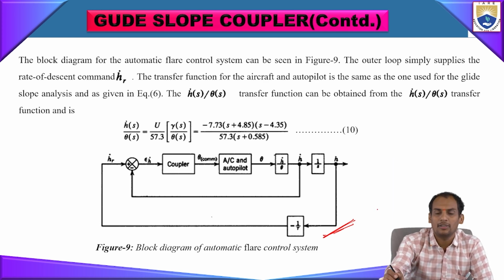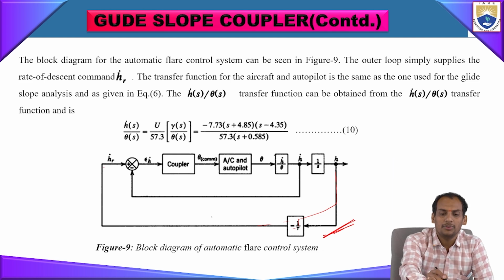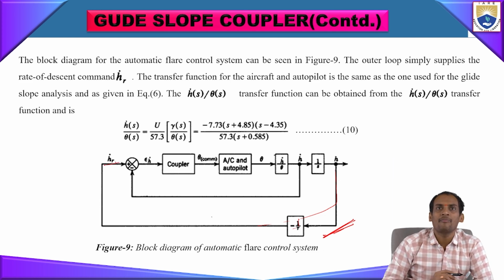This is the outer loop, so 1 by tau gives you the HR feedback only. And the transfer function for the aircraft autopilot is the same as that used for the glide slope analysis. That means the coupler and autopilot transfer function is the same as the previous one.